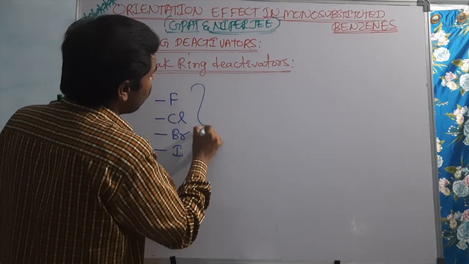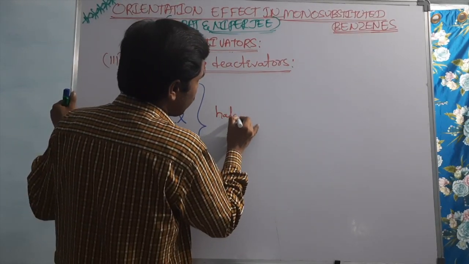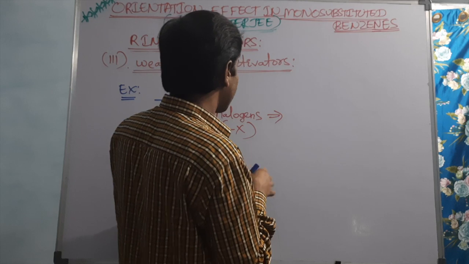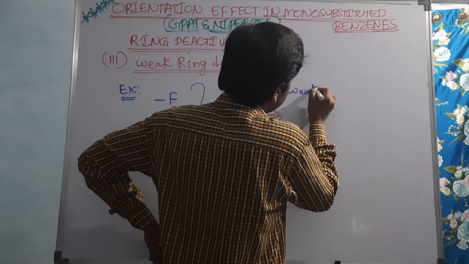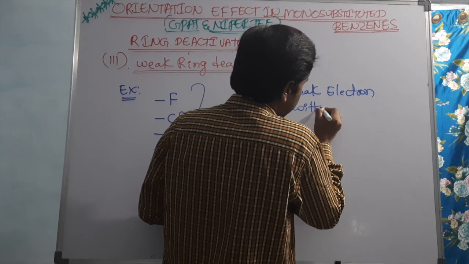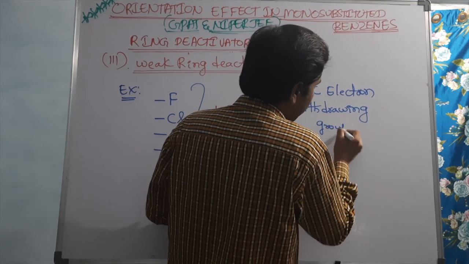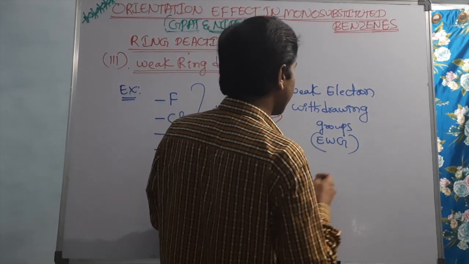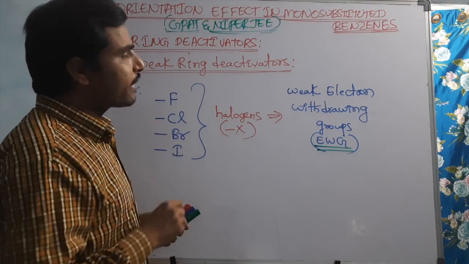All the groups which belong to halogens, that means X, are weak electron withdrawing groups. All of these can act as weak electron withdrawing groups, EWG, electron withdrawing groups, and very weak ones at that. That's why all these compounds can act as weak ring deactivators.